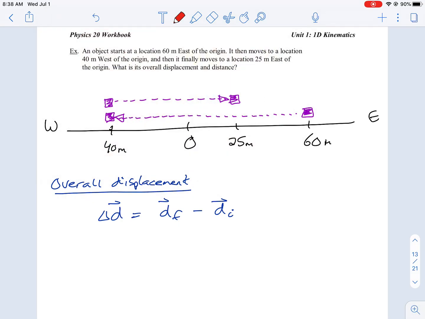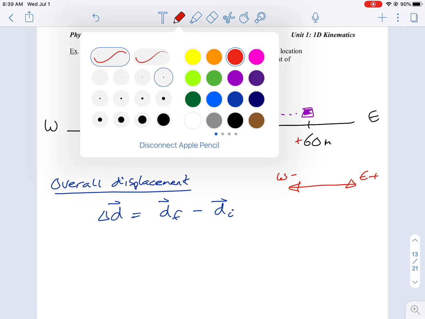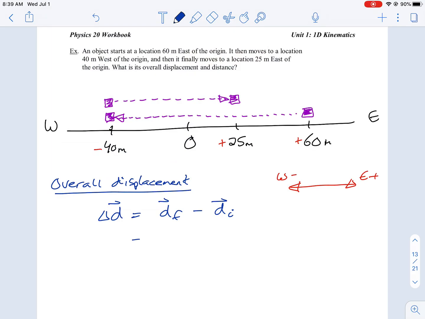So let's do that. On the side here, I'm going to choose east is positive, west is negative. And you can put those onto the diagram. Positive 25, positive 60, negative 40, because that's west of the origin. Now, turns out this becomes a pretty easy question then, because D final, where it finishes, is at positive 25.